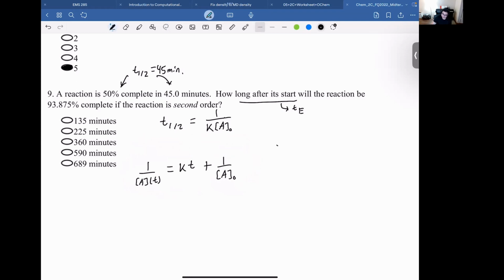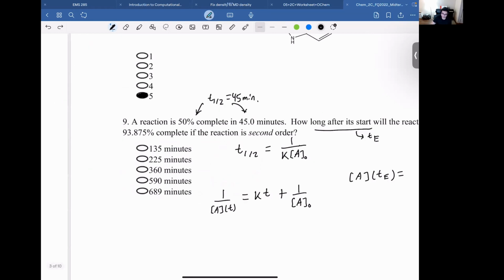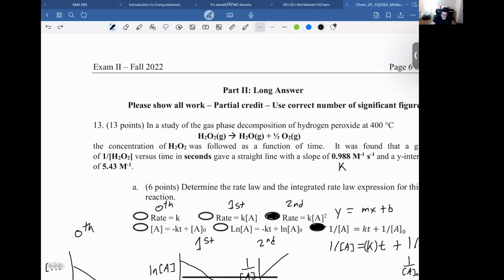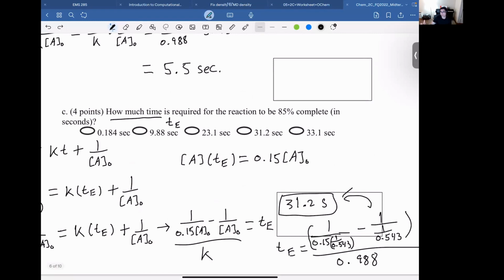They're telling me at this time, however much time has elapsed, I'm going to have 100% minus this percent left of my original amount. So before, what was it? Before it was 85%. So I had 15% left, right?